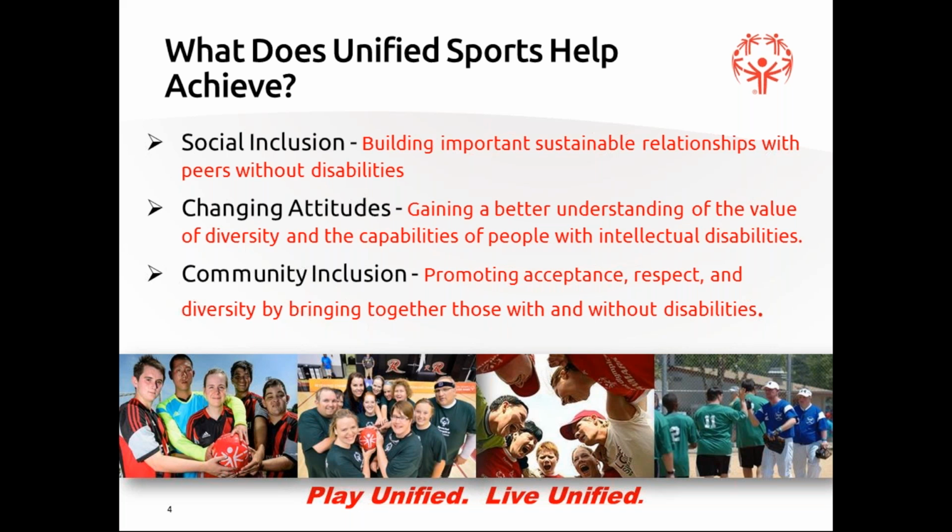They're not aware of the abilities that they do have. And when you can partner them up to play sports on a team together as teammates, it completely changes things. And then community inclusion is the third prong of that. And that, again, is reinforcing the promotion of acceptance and respect. And you do that by, once again, just getting to know each other and learn each other on a completely different level.